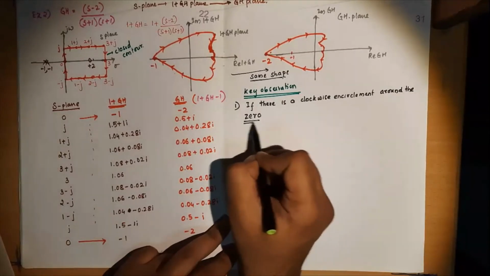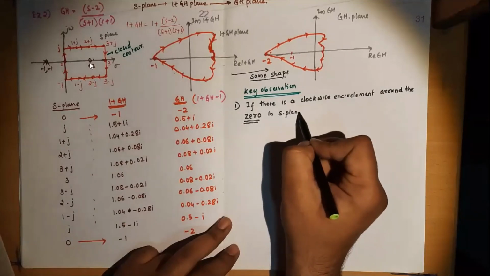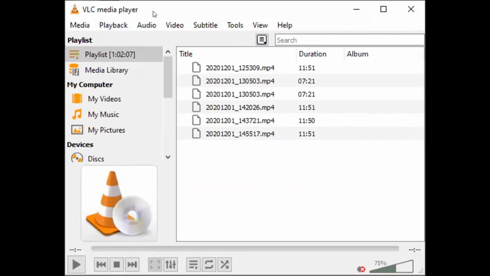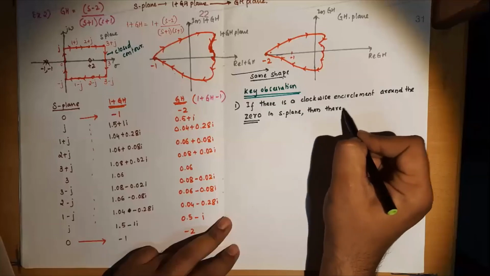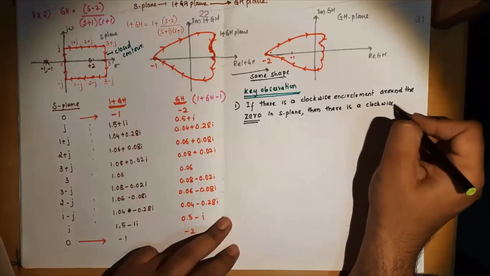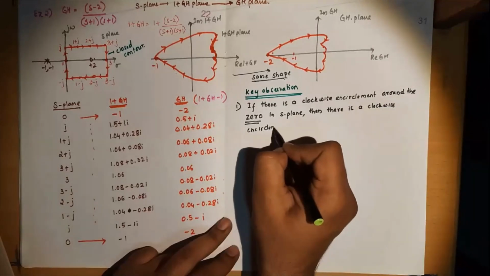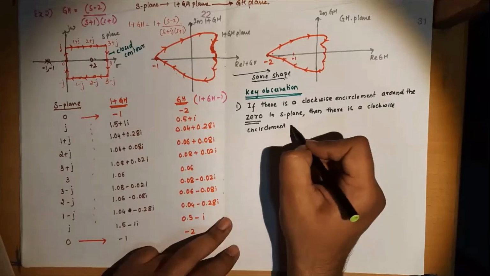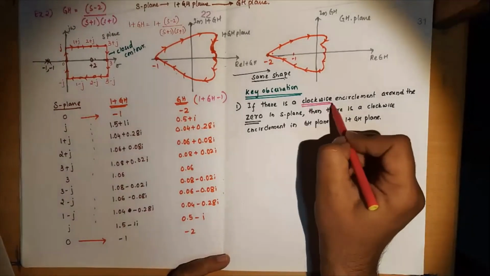If there is a clockwise encirclement around the zero in the S plane, then there is a clockwise encirclement in the GH plane or 1 plus GH plane.